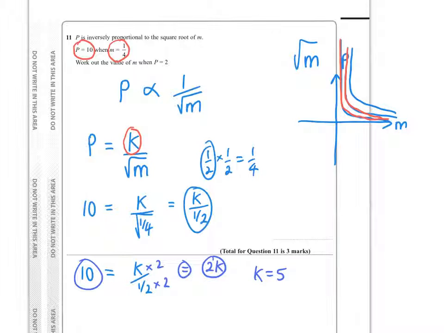So once we have the value of k, we can put it into our formula here. So p is actually 5 over the square root of m. Now, we've got to work out the value of m when p is 2. So we put p as 2 in here. What we can do is we could square both sides if we wanted.